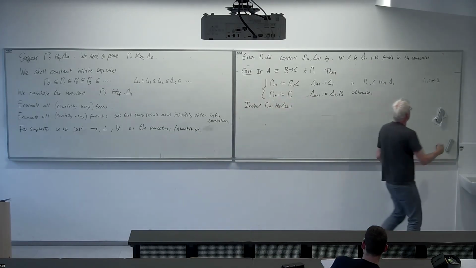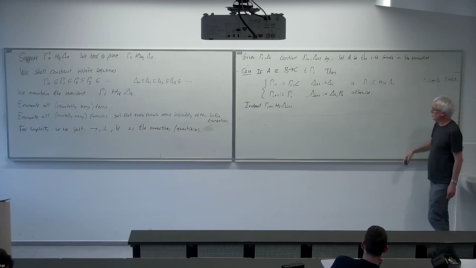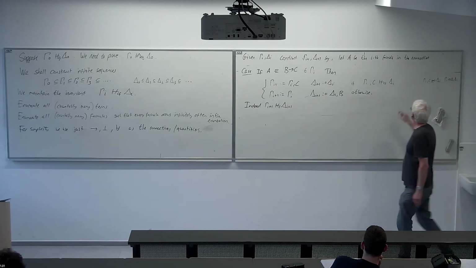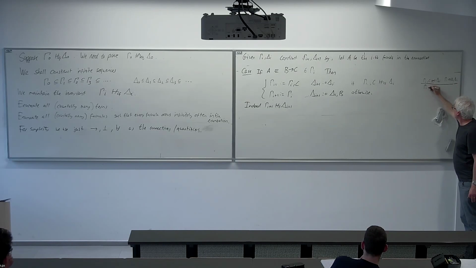So if we had both of these cut-free provable, then we would have gamma i, B, delta i also. So in order for this not to hold, it would need to be the case that both these sequents were cut-free provable, in which case we could apply the implication left rule, and we get gamma i, B implies C, delta i.